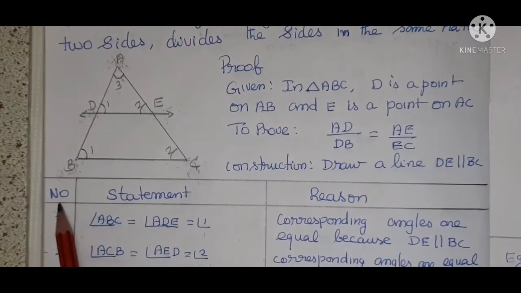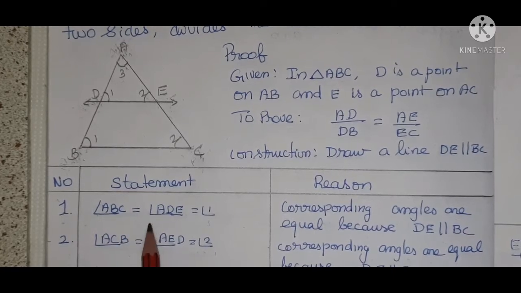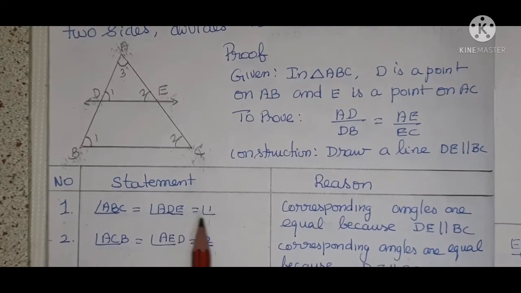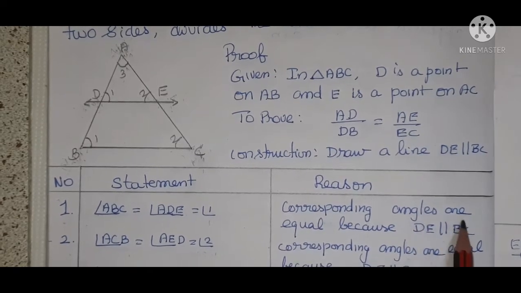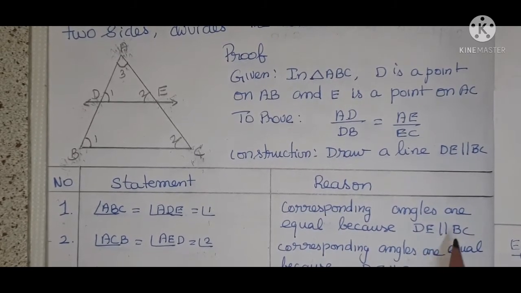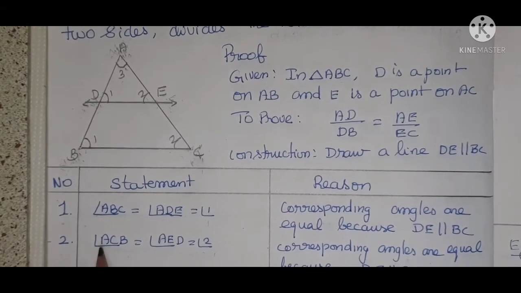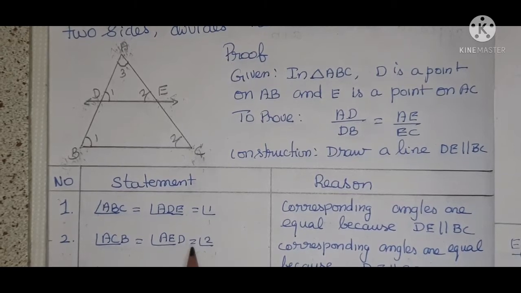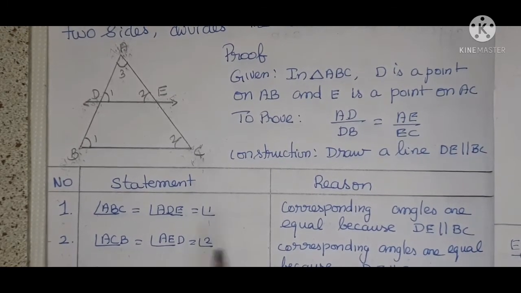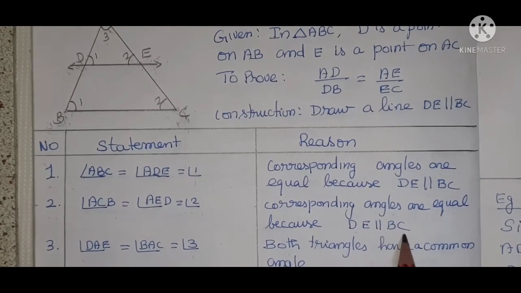Proof. First statement: angle ABC is equal to angle ADE, angle 1. Reason: corresponding angles are equal because DE is parallel to BC. Second statement: angle ACB is equal to angle AED, angle 2. Corresponding angles are equal because DE is parallel to BC.